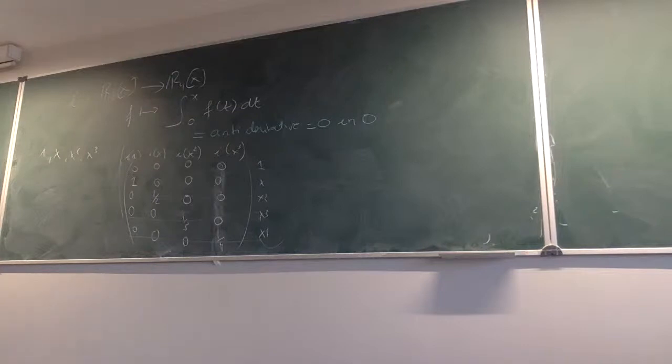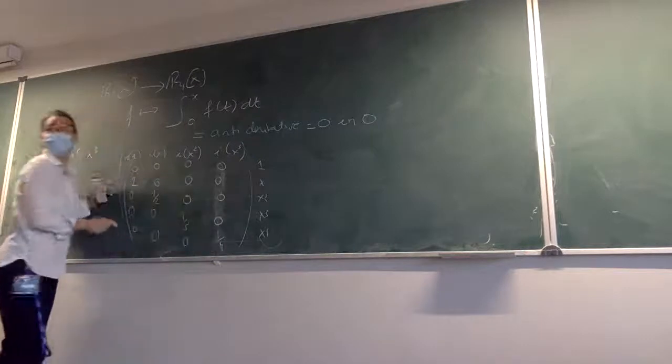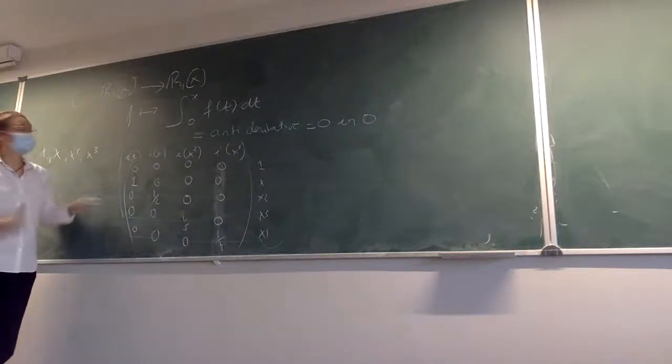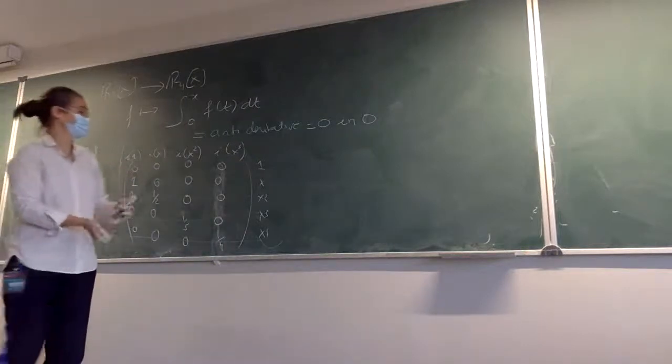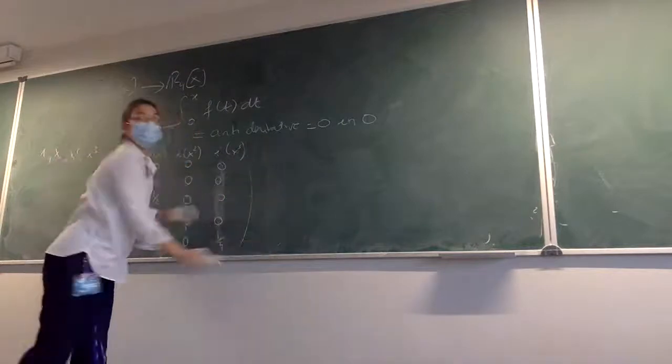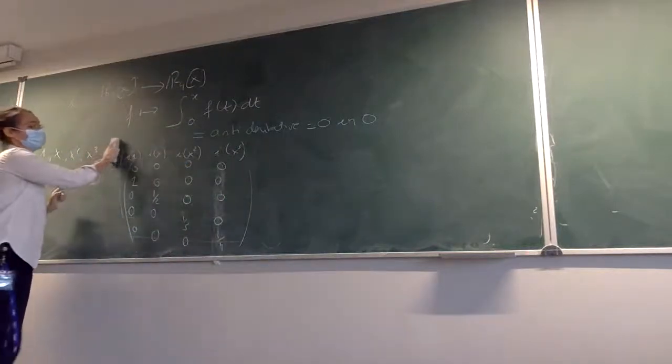What would be the kernel of this matrix? I already have something that is diagonal here. So that's the matrix representation.